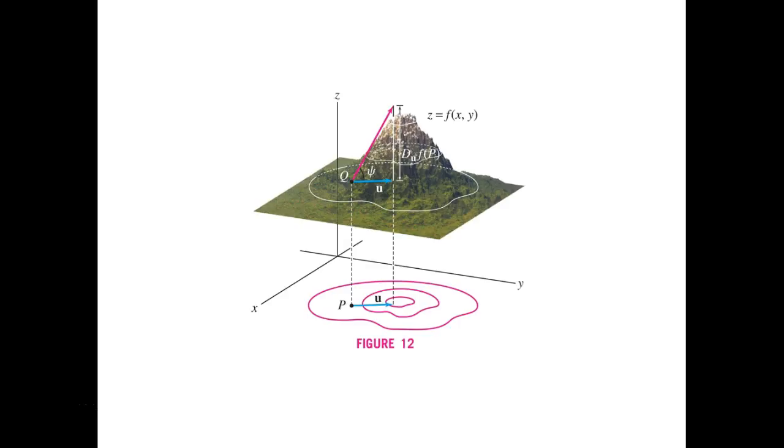And you're at the point Q. Just above P on the XY plane is the point Q on the mountainside. This has components, a on the x-axis, b on the y-axis, and then f of ab would be your Z component. Okay? So a, b, f of ab.